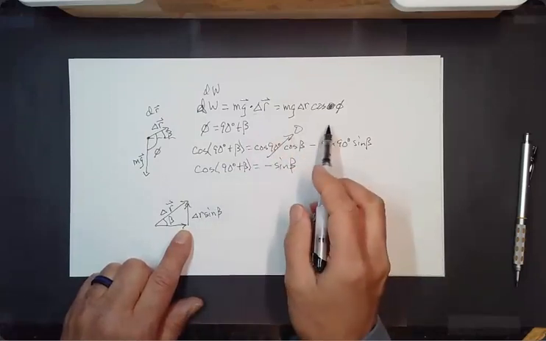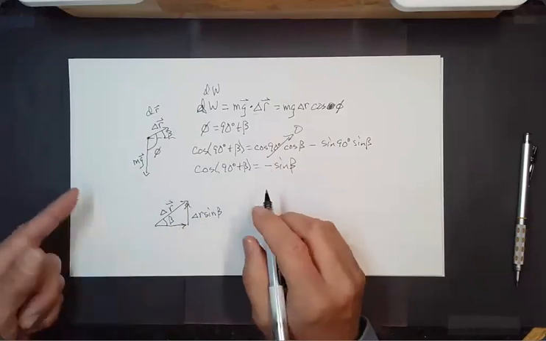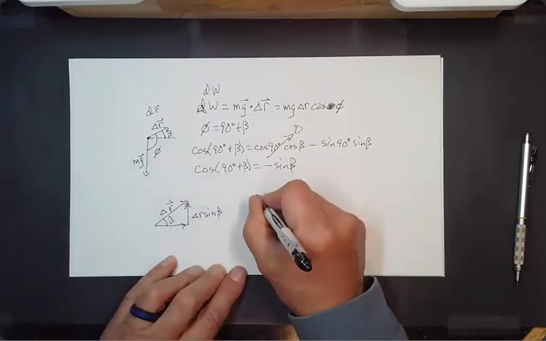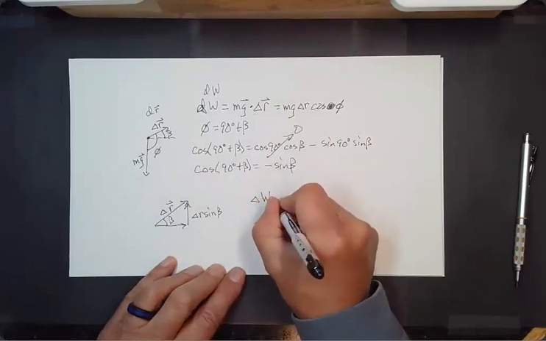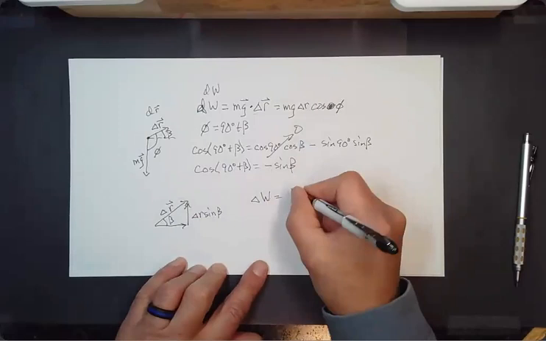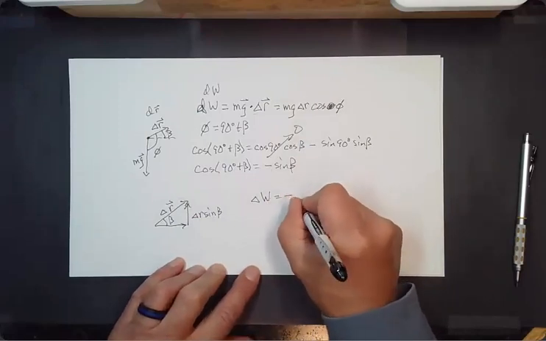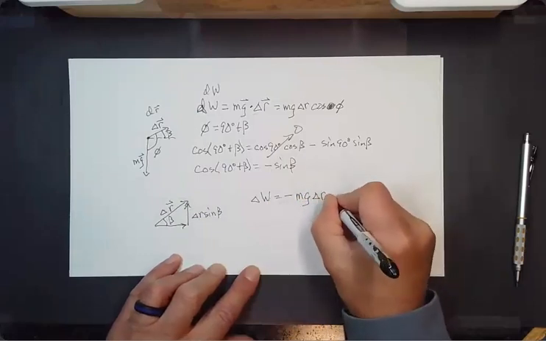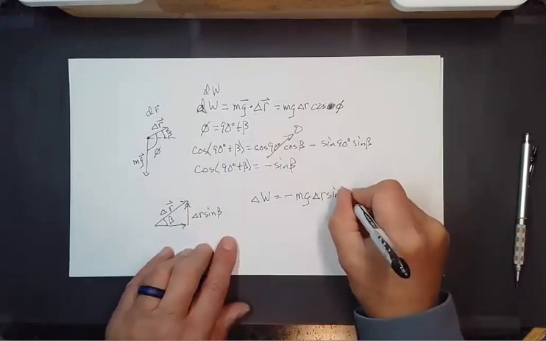That's what that happens to be, but it's minus the sine of beta. So when the thing is going uphill like that, the little bit of work that's done when it displaces upwards ends up being minus mg delta R sine of beta.